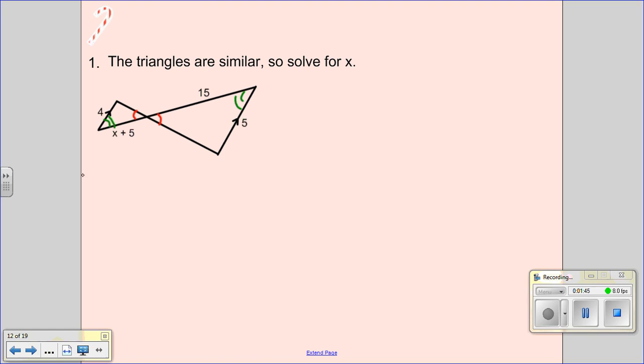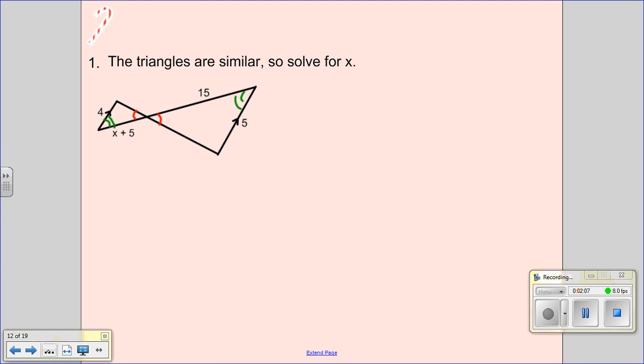All right, so now that helps because I know that 15 is between the single red angle and the double green angle. So it's going to correspond to x plus 5 because it's in the same position.